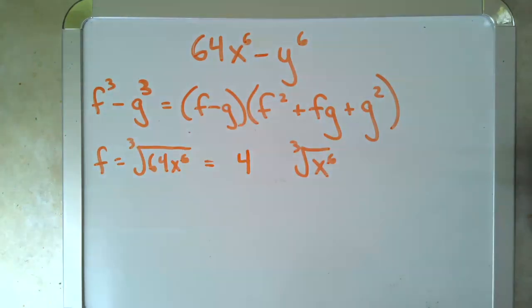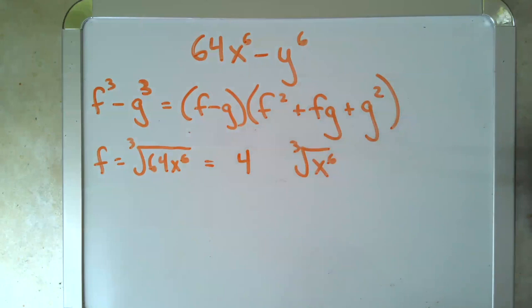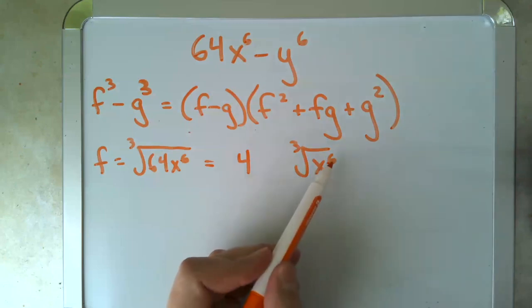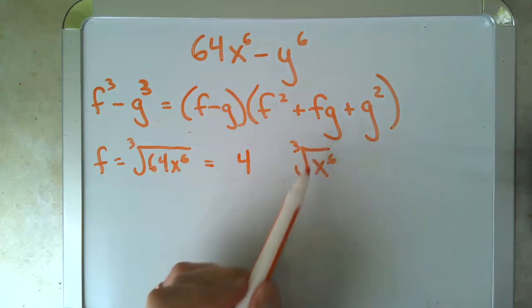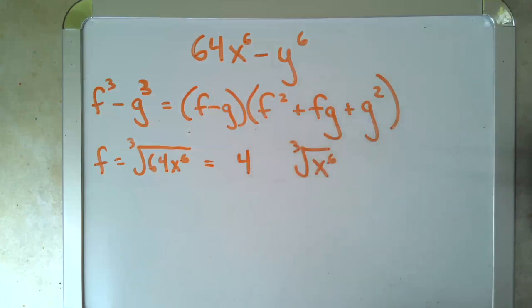And now, here's how I like to deal with roots of exponents. I like to take my root and re-represent it as a fractional exponent. The power of the exponent is the numerator of your fraction. The power of the root is the denominator of your fraction.